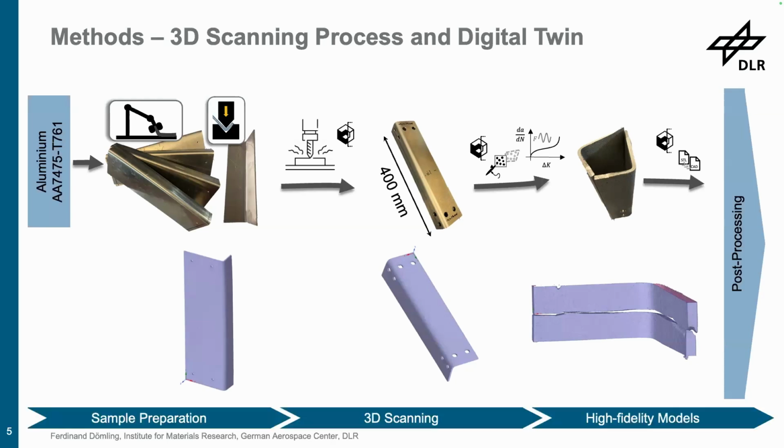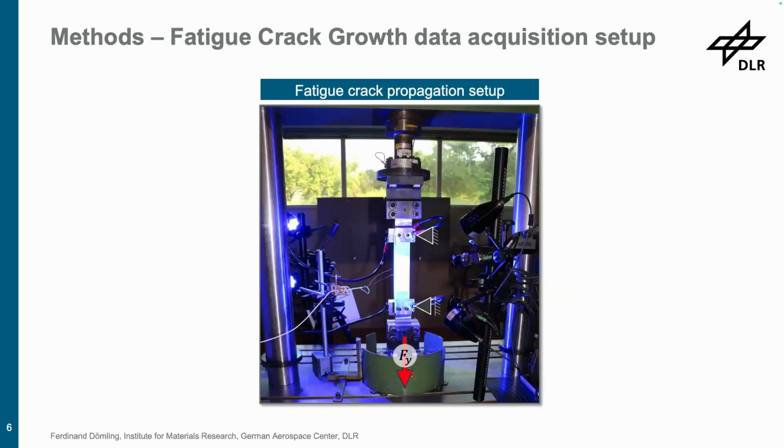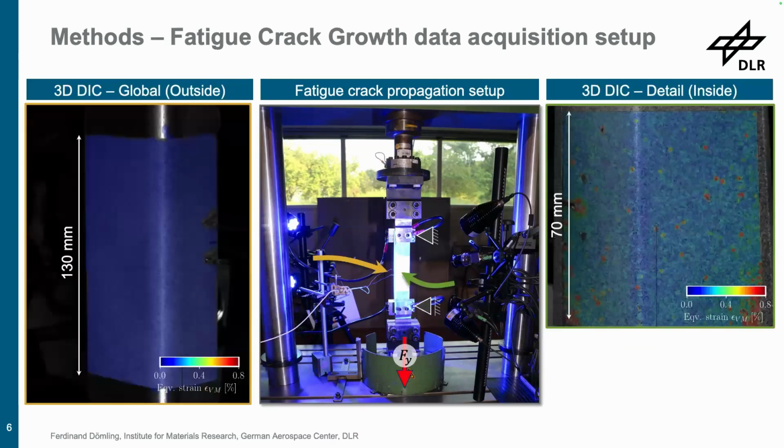Okay, so we have decided the models, and then we have our actual crack growth test. This here is our setup. We have axial loading, in our case, 25 megapascal and an R ratio of 0.1. It's only an axial test, and the beauty is instead of relying on TCVT or other methods, we rely on 3D DIC.